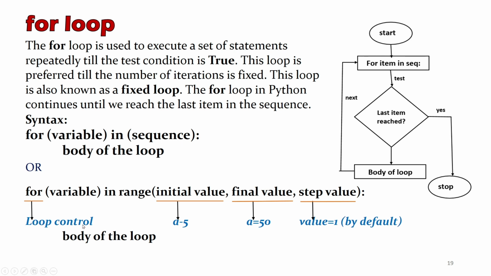For example, with loop control a, initial value a equal to 5, final value 50 and step value 5, then comes the body of the loop. This shows that if you want to print from 5 to 50 minus 1, that is 49, we can use this example. After the colon, the body of the loop will come.